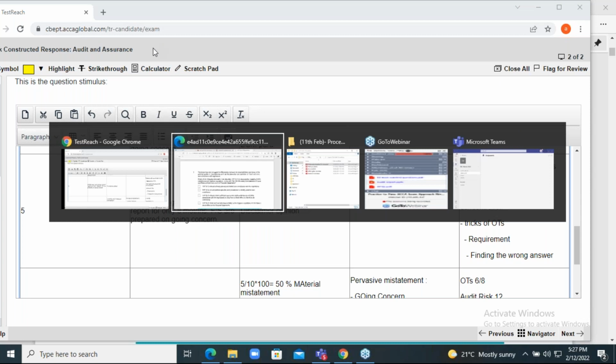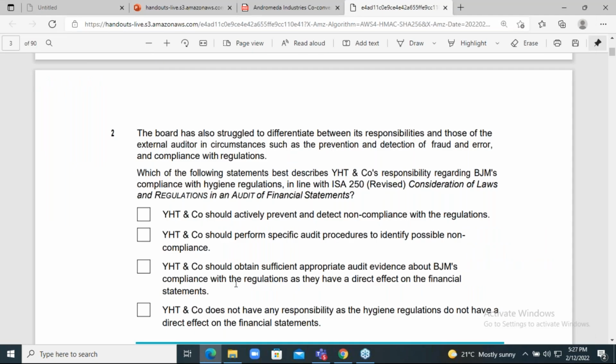So if we go back, you can see that these are the 4 options. If you read the requirement now and the question, can you tell me the 2 options that are confirmed wrong? We have discussed that we are going to identify wrong options first.